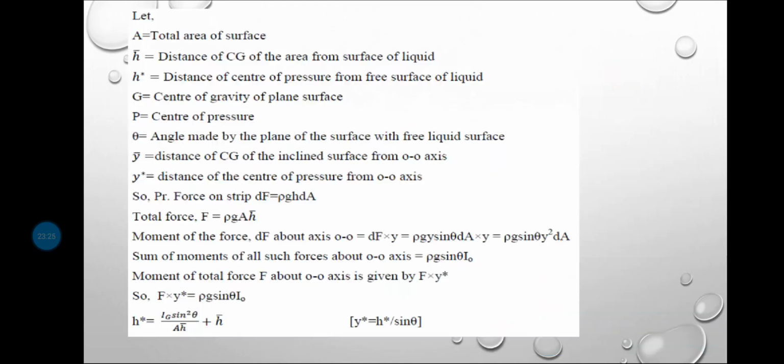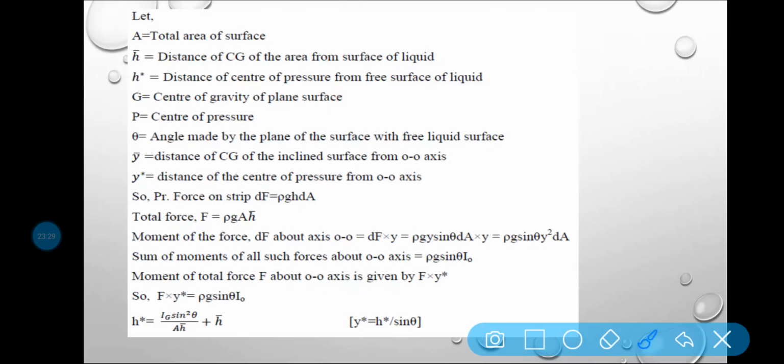If you see here, A is the total area of the surface, H bar is the distance of the center of gravity of the area from the free surface, H star is the distance of the center of pressure from the free surface, G is the center of gravity, P is the center of pressure, and theta is the angle made by the plane of the surface with the free liquid surface.